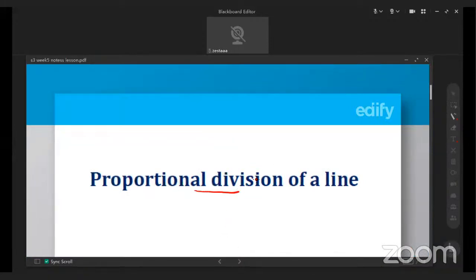How is a line divided up proportionally? How do we bring up the ratios in our vectors? How do the ratios come about?